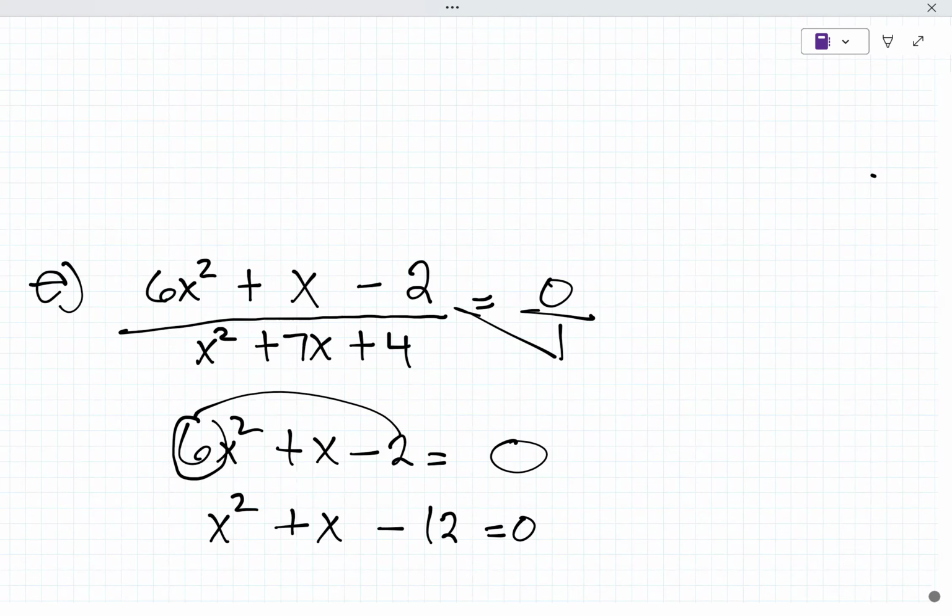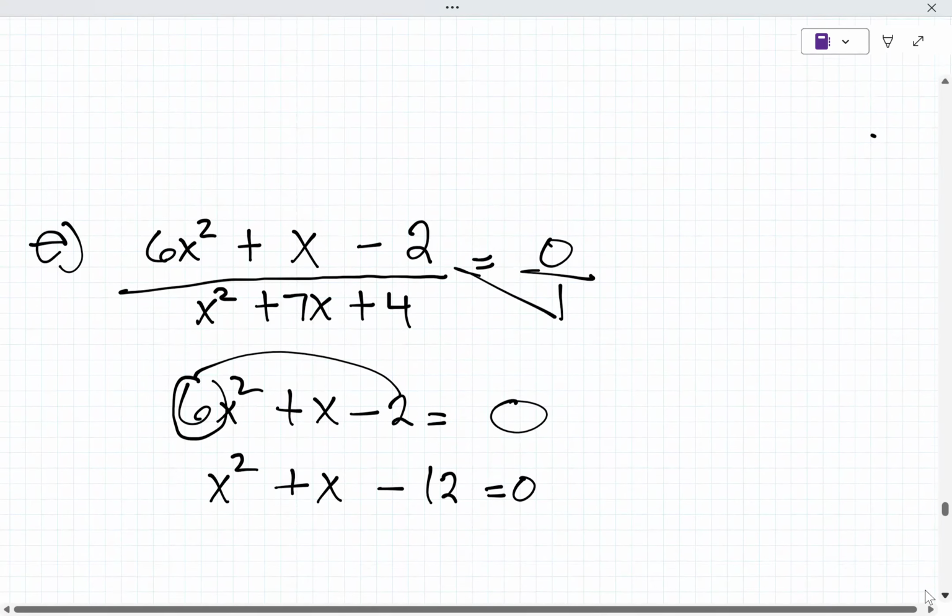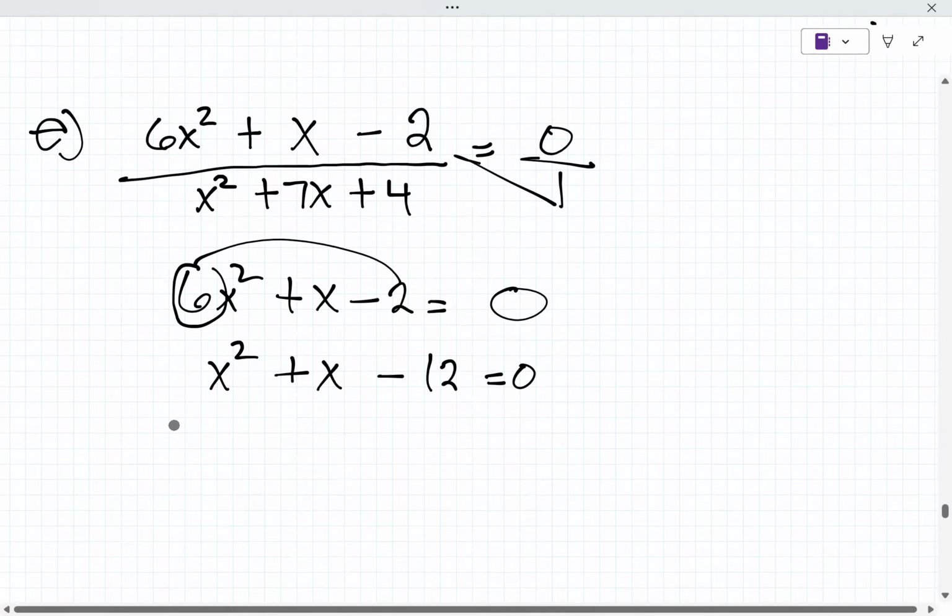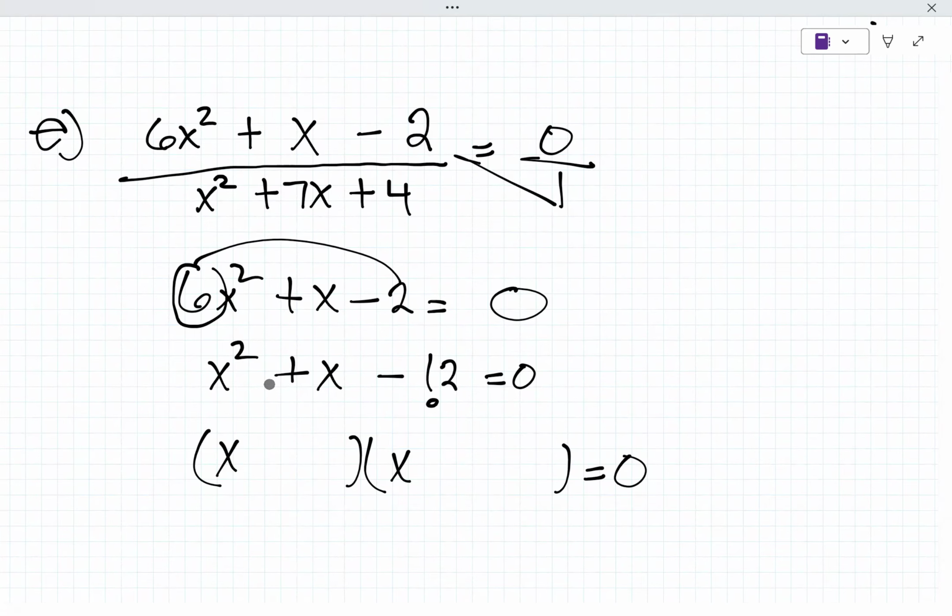So we factor this out. It'd be x, x, and then what two numbers multiply to -12 and add to 1? Definitely 4 and 3, right? And I'll use positive 4 and -3. And then remember the a here. We're going to divide this 4 by 6, divide this -3 by 6.